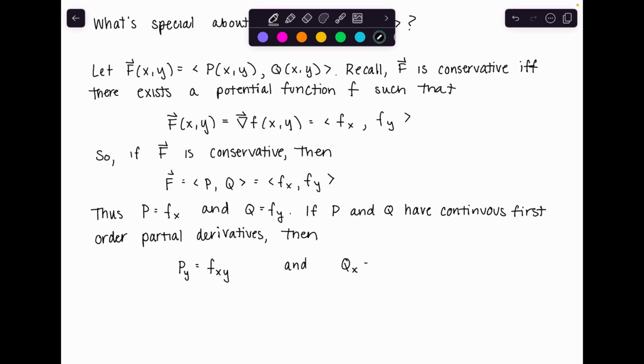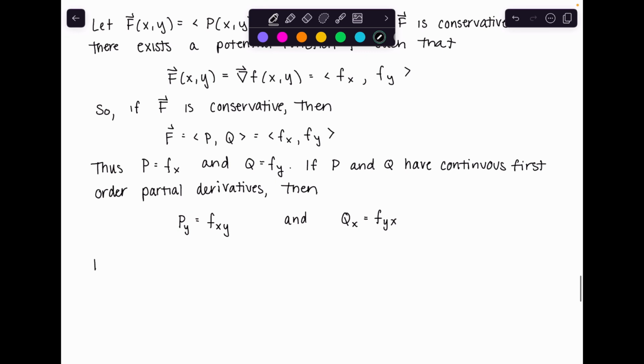I differentiate it with respect to x to get the other mixed partial. Okay. So in order for F to be conservative, these mixed partials should be equal.